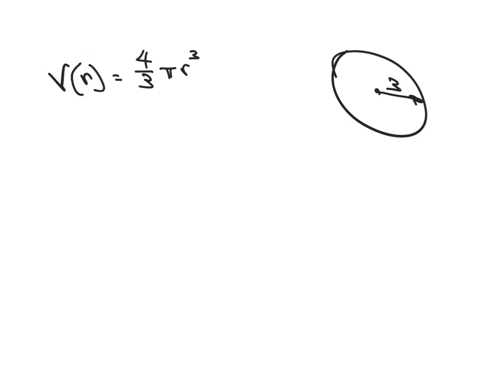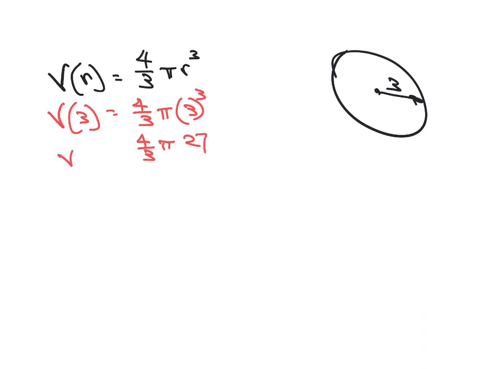So this one says the volume is 3. So if the volume is 3, then we just replace the R with a 3. So 4/3 pi times 27. And keep that there. And V of 3 equals, we can cancel that and make that a 9.